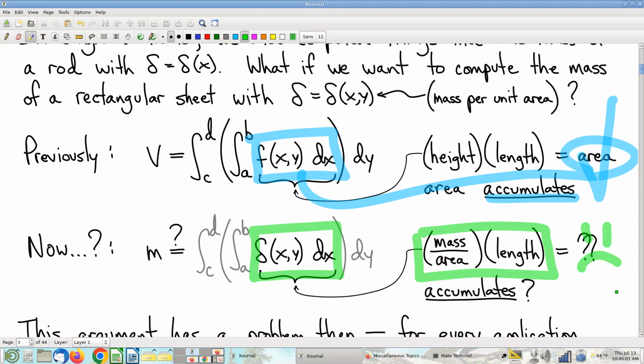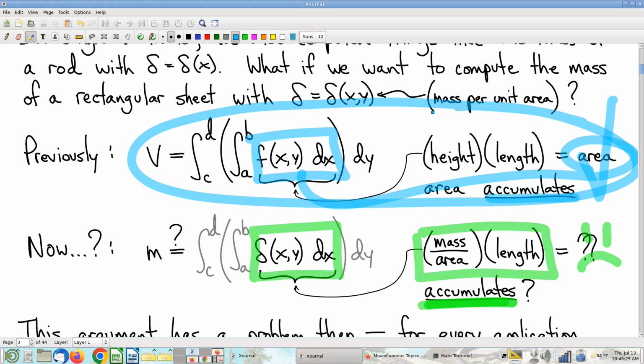I don't know what that is. And more to the point, I don't know that this thing has this key feature that it accumulates. Can I really say that the whole is the sum of the parts here? I don't even know what that is. Right? So, I'm going to say this argument has crashed and burned. Now, it works just fine for computing volumes under graphs, and kinda that's it.